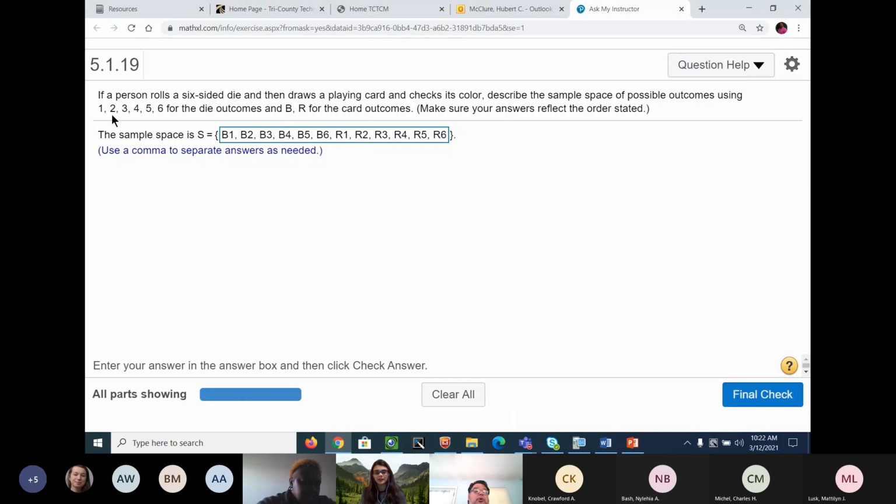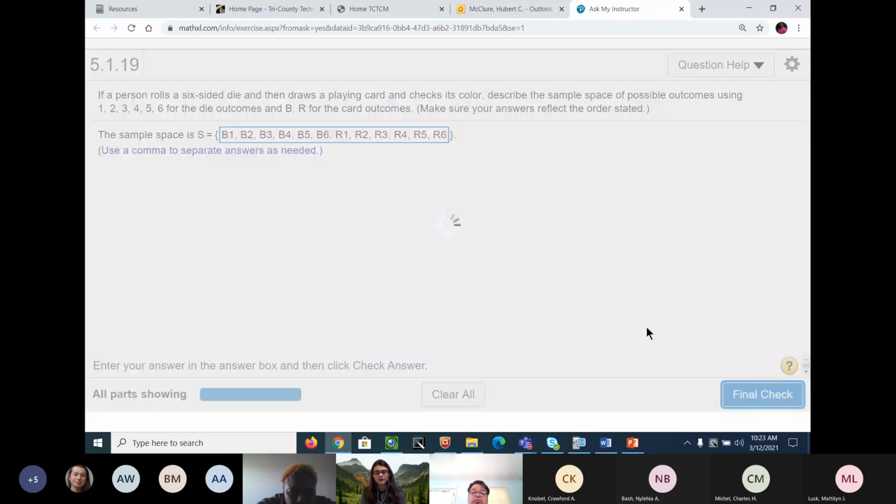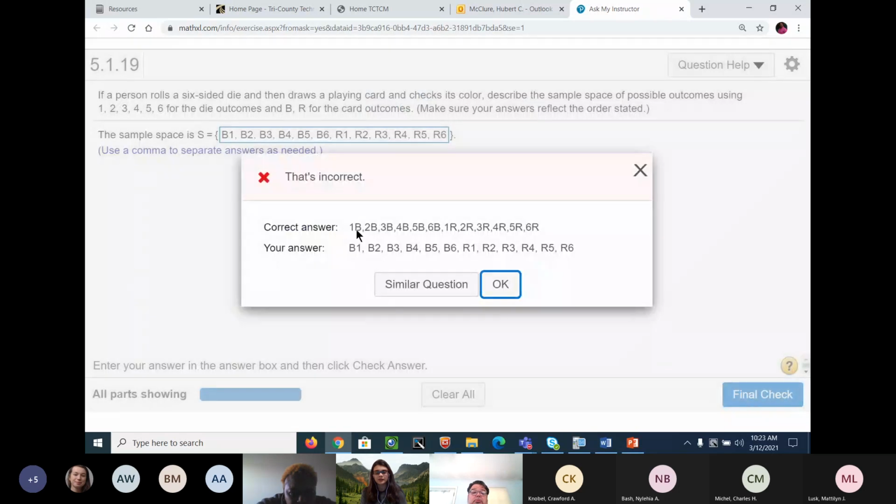All right, B1, B2, B3, B4, B5, B6, R1, R2, that's the answer. But it said it wasn't correct. Well, just put the B first. Since this is the smaller, I mean, put these first: 1B, 2B, 3B.